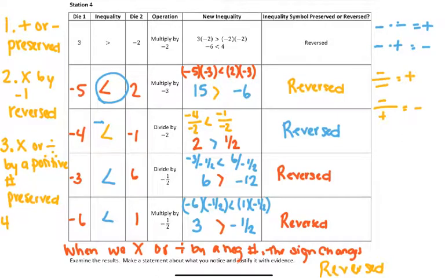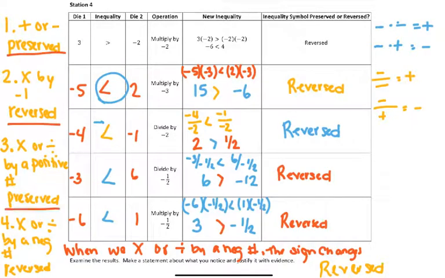And then number 4, when we multiply or divide by a negative number, that inequality symbol is reversed. So we have 4 properties of inequality here that are telling us whether that inequality symbol is going to be reversed or preserved.